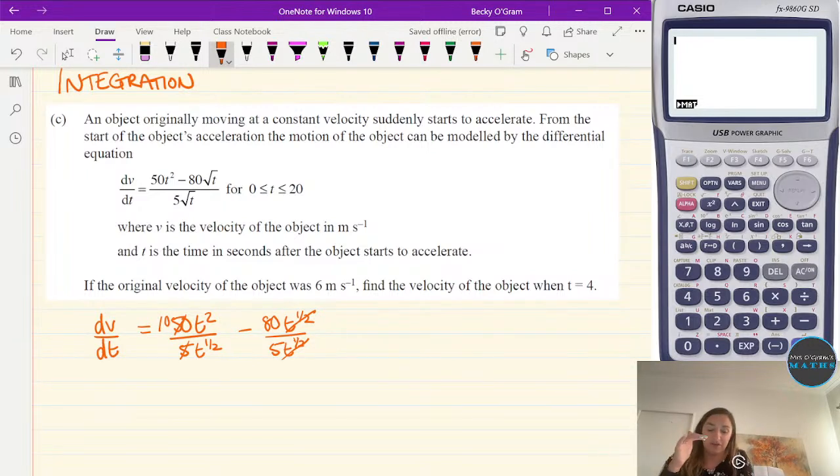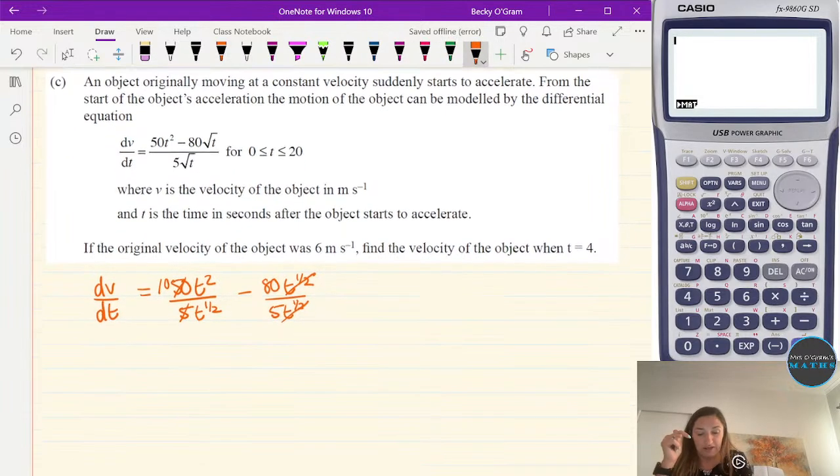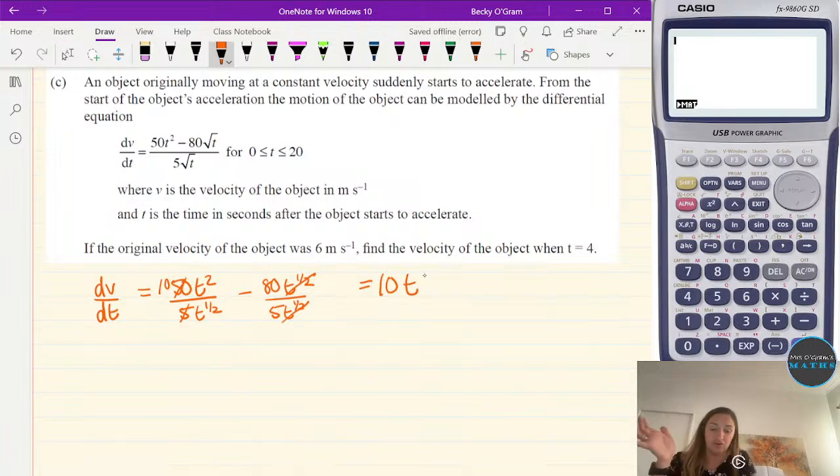If we're dividing powers on this bit just here, division of powers means that we're subtracting. So what we'll end up with is 10t to the 2 take away a half, which is 3 over 2, minus 80 over 5, which is 16.